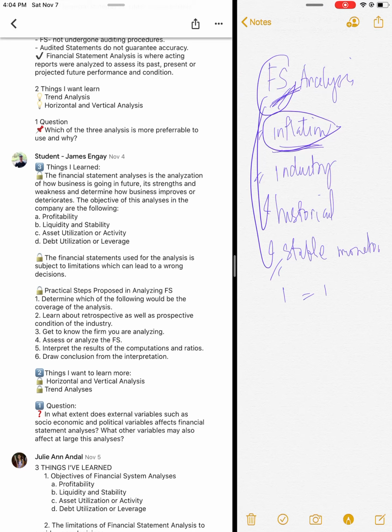Sabi ng stable monetary, 1 peso is equal to 1 peso. Pero ang sinasabi ng inflation, yung piso ko na nakakabili ng 2 candy noon, yung pisong yan, same piso na yan, isang candy na lang nabibili ngayon. Because its value decreases. Pero hindi yun nagre-reflect sa financial statement. Ang sinasabi ng financial statement, kung piso yan, piso yan.